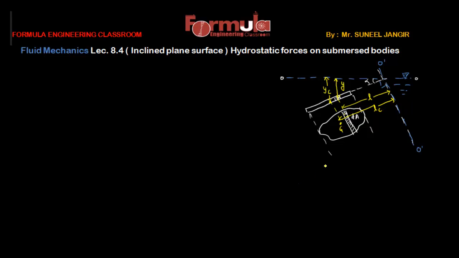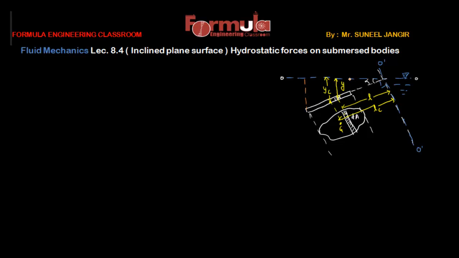Now the pressure distribution over this plane surface is obviously according to the depth of this plane surface from the free surface of fluid, so obviously this point is higher and this point is lower here. So at this point the pressure will be higher, and at this point the pressure will be less.